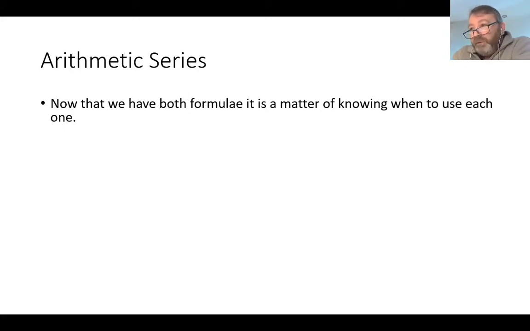Okay, so if it talks about a term, write down the t of n formula. If it talks about a sum, write down the S of n formula. You mightn't use both, but at least you're showing the examiner that you understand there are two formulas involved here. One which generates the term of an arithmetic sequence, one which adds the terms of an arithmetic sequence and gives you the value of that particular series. But always just write them down as they are from the book before you fill them in.